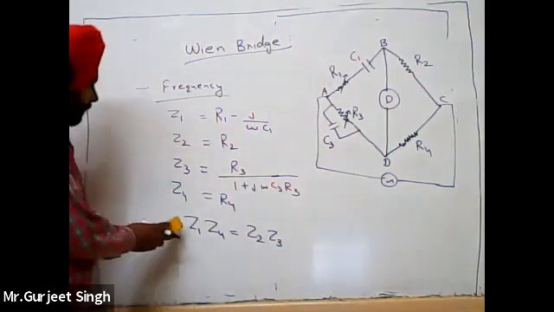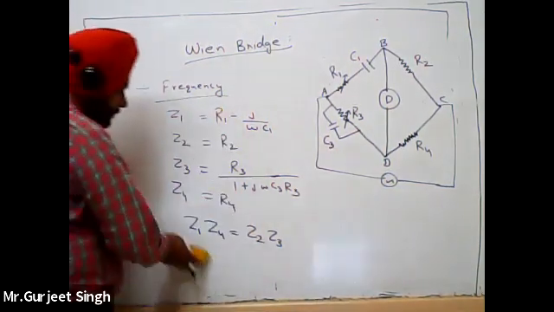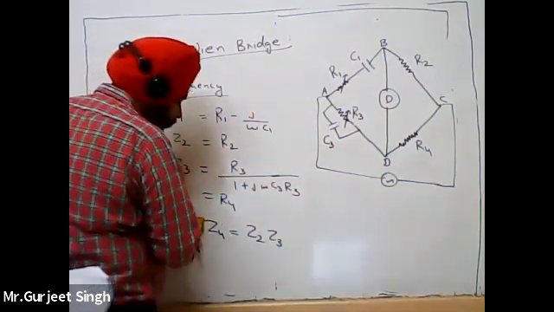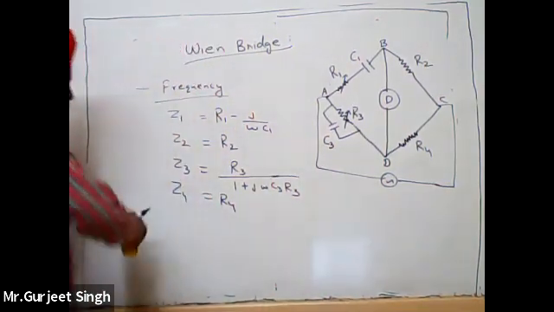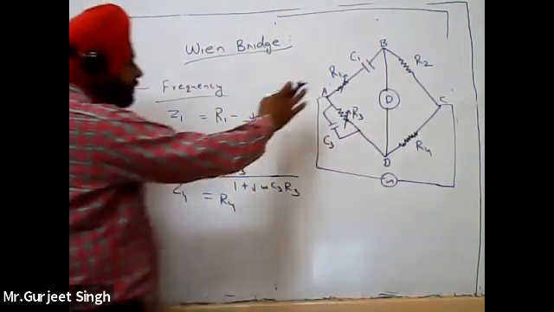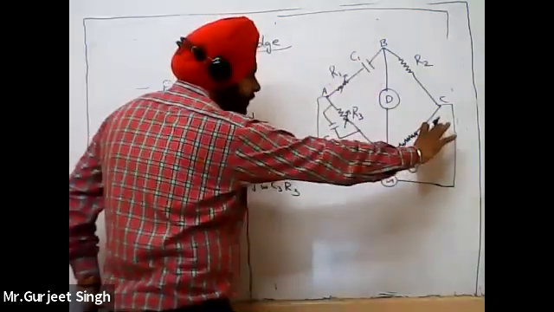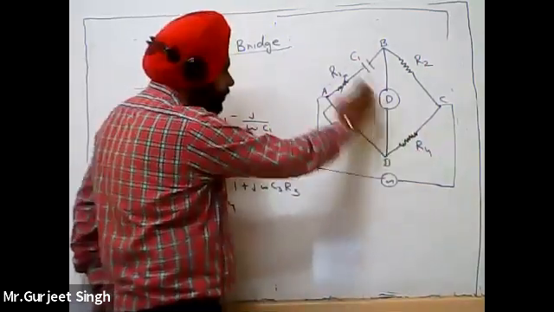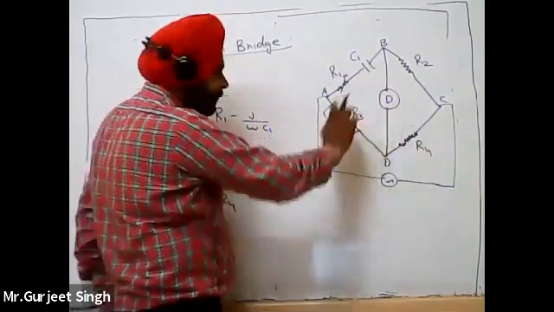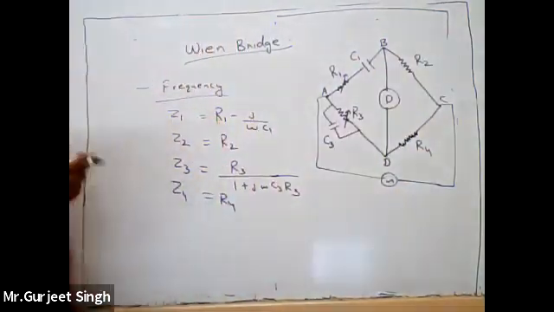This equation we derived from the AC bridge. It is basically the multiplication of opposite arms: Z1 multiplied with Z4, and the opposite arm pair R2 and R3, we multiply these two.